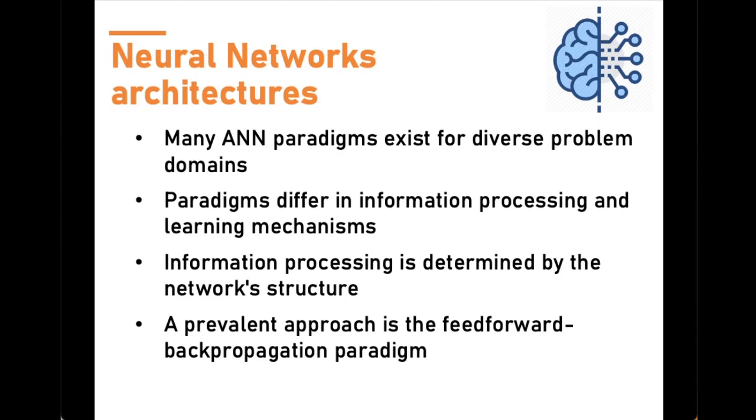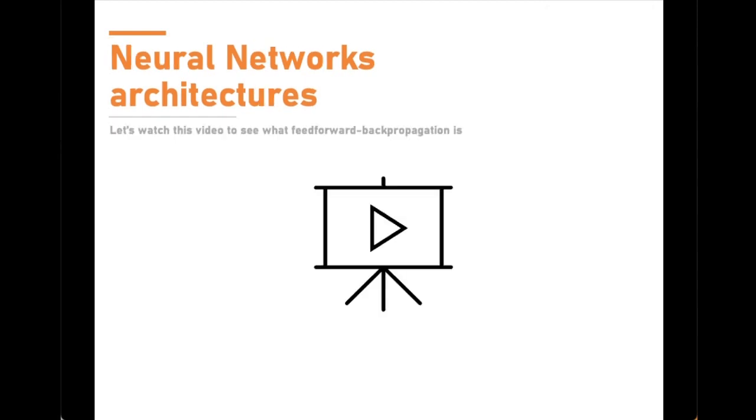How information is processed by a neural network is inherently a function of its structure. One popular approach is the so-called feed-forward backpropagation paradigm. Now let's watch this video to understand what feed-forward backpropagation is.